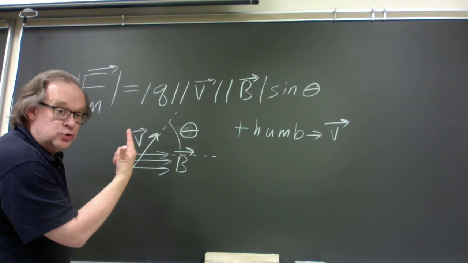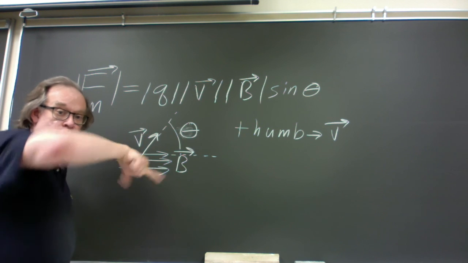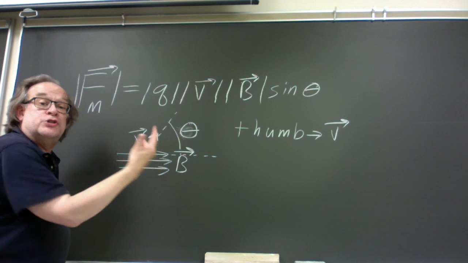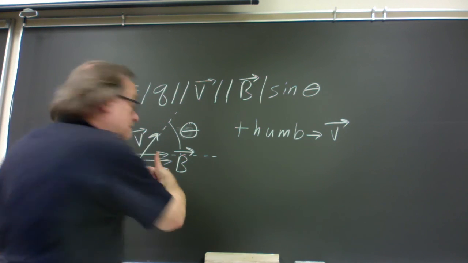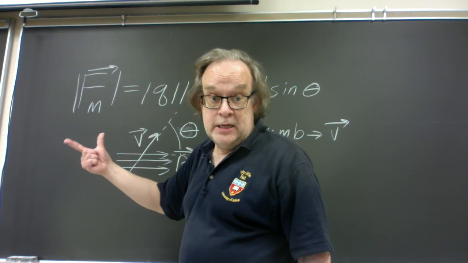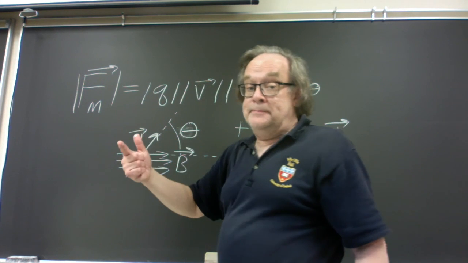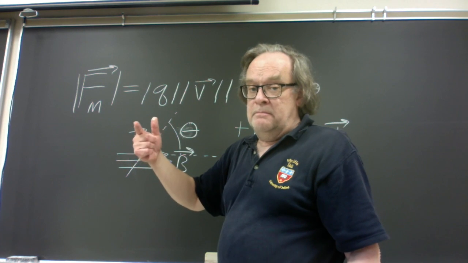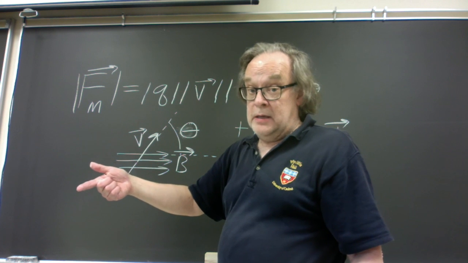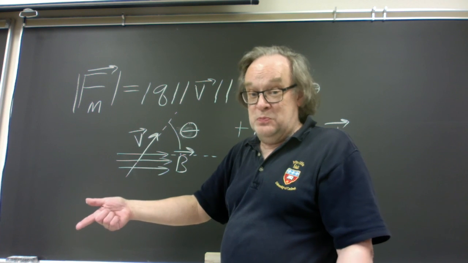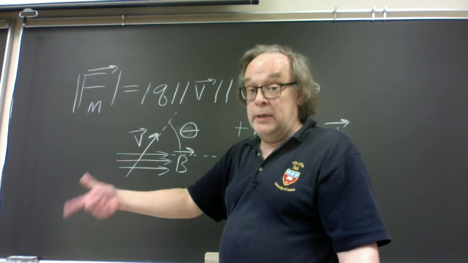And to do this right, you're going to have to sometimes twist your arm around a little bit, maybe stand in a different orientation, turn the paper over. If you aren't doing that kind of thing, you will get it wrong sometimes.